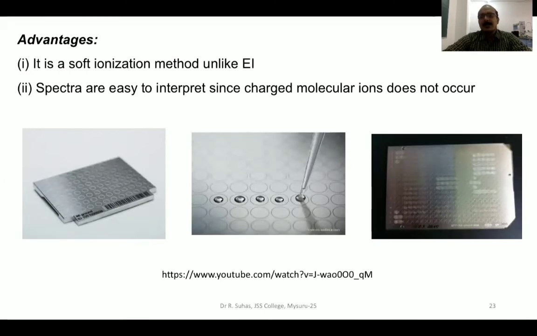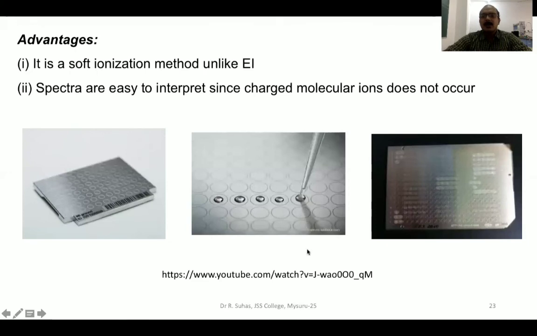Once the sample is mixed with the matrix and spotted on each circle, it is subjected to normal air drying. Once dried, the MALDI plate is kept for ionization using a nitrogen laser of lambda max 337 nanometers. So this is the process of MALDI.